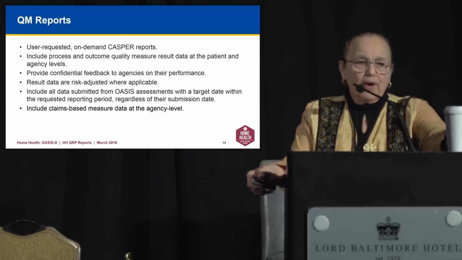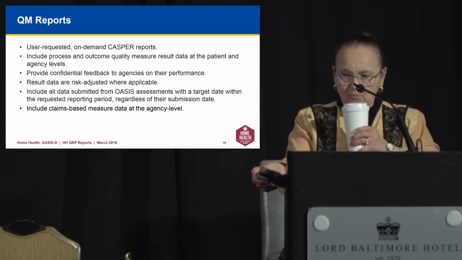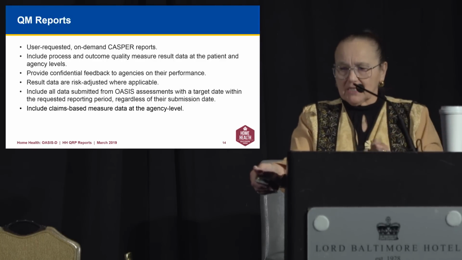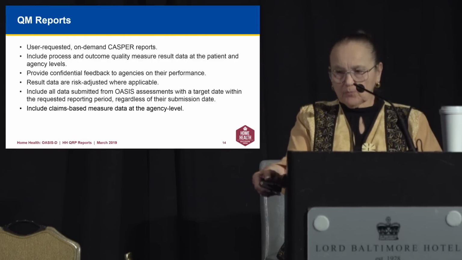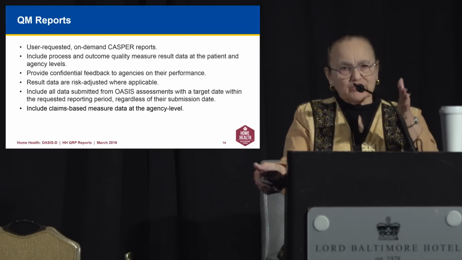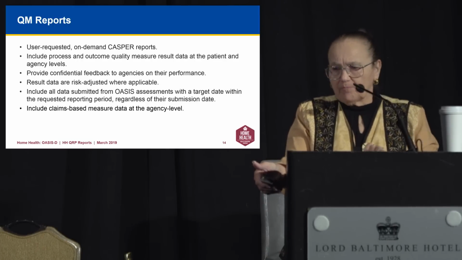Let's talk a little more about the quality measure reports themselves. These are user-requested, on-demand CASPER reports. What does that mean? It means that it's not a fixed setup, a fixed time period. You are able to go in and say, I want to look at this measure from this time period to this time period.